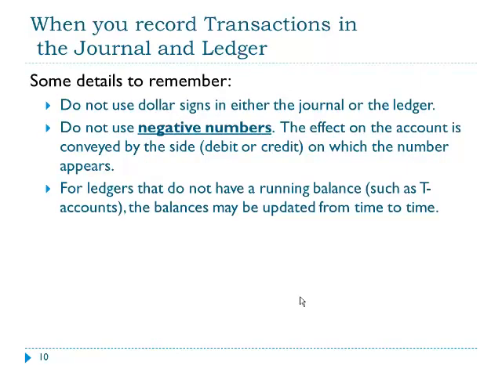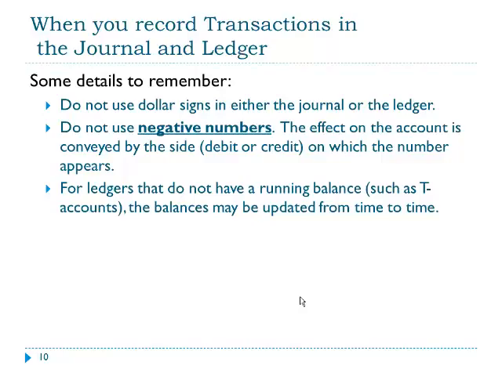Here are some details to remember when you're creating ledgers for any of the problems in these chapters or in this course. Don't bother using dollar signs. We know these amounts are money amounts, so it just gets in the way and adds complications. Also, don't use negative numbers.